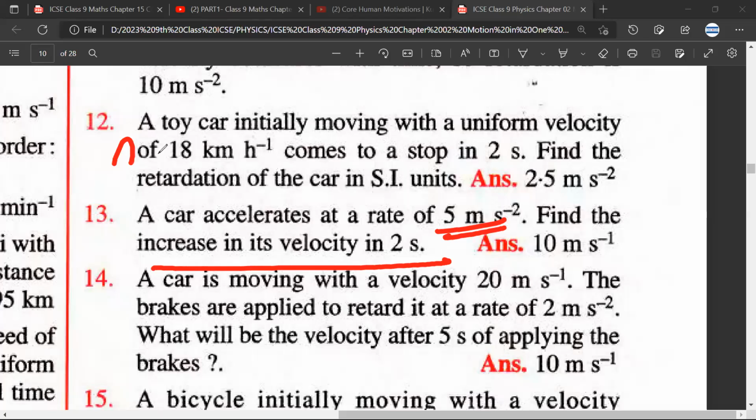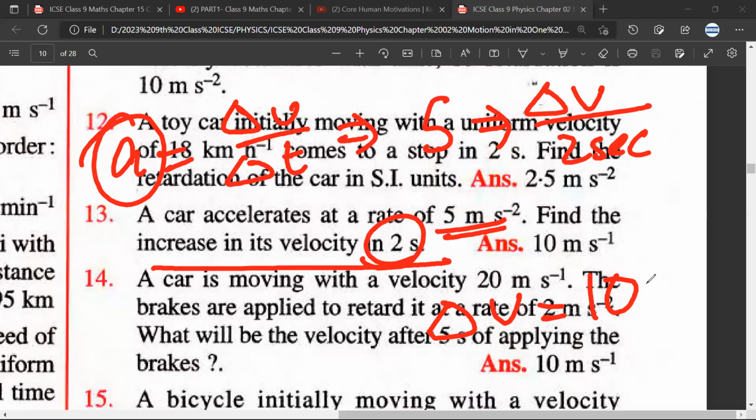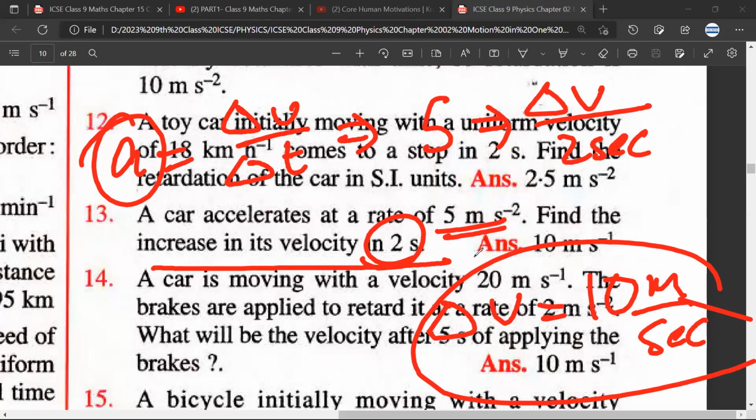Now what they are asking is that acceleration is delta v upon delta t. So this is acceleration, and they are asking the increase in velocity in 2 seconds. So now they are asking us the delta v, and delta v would be equal to 10 meter per second. Avantika, any doubt?